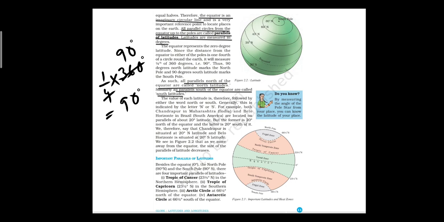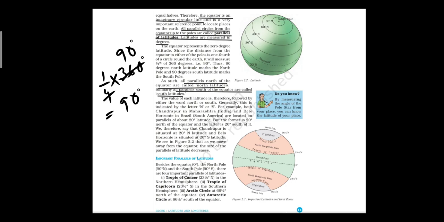So both these places are on the same 20-degree latitude. But how will we know their location? So to clear this confusion, we have to write north or south.